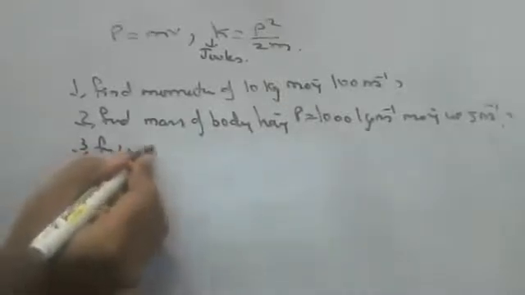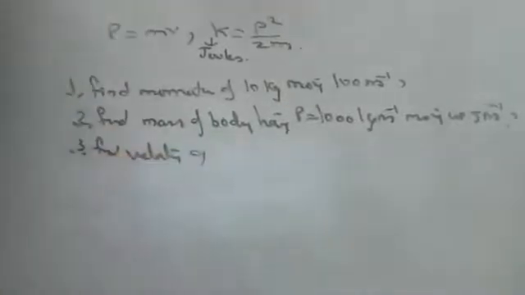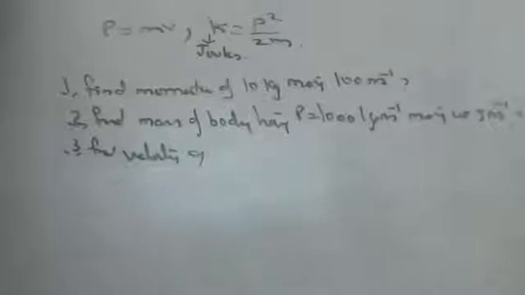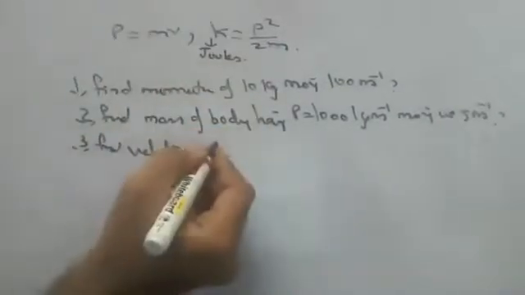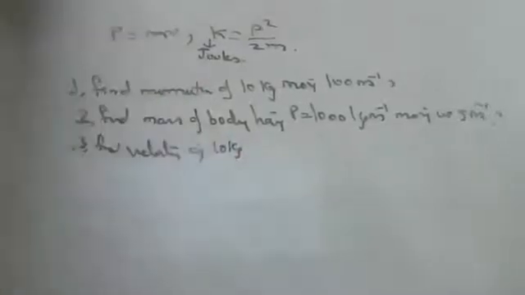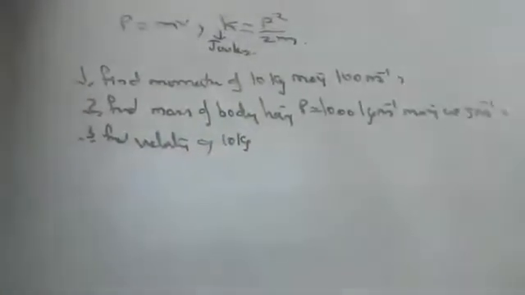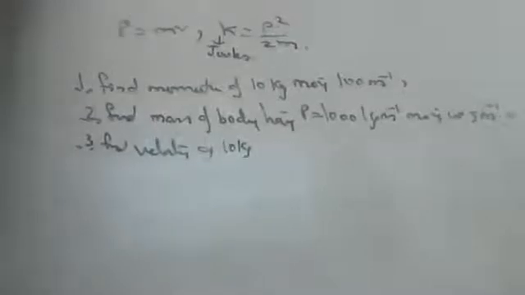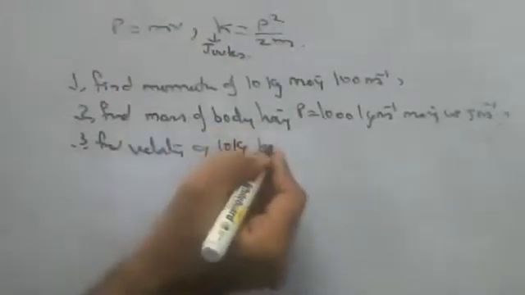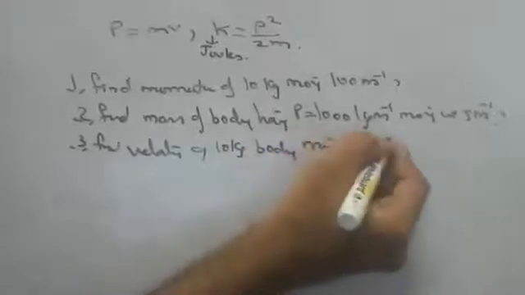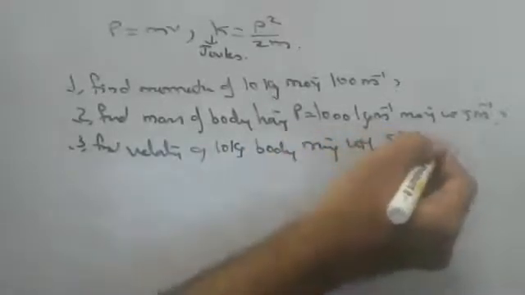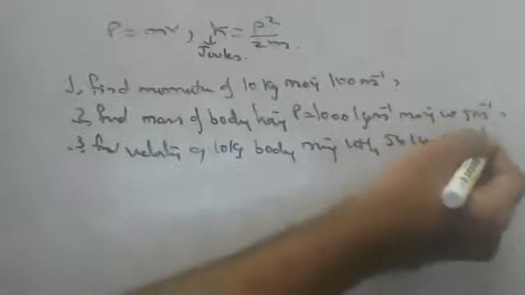Find velocity of a 10 kg body moving with 50 kg meter per second momentum.